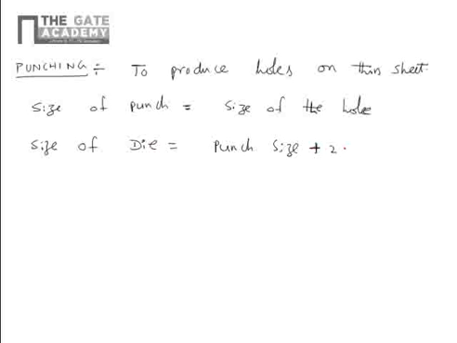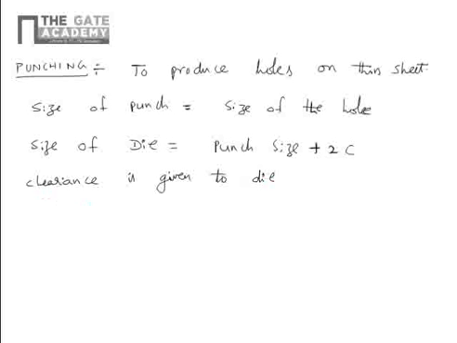C is clearance. Why 2? Because clearance is on both sides. So if you observe the above formula, in punching clearance is given to the die. So this is about punching.